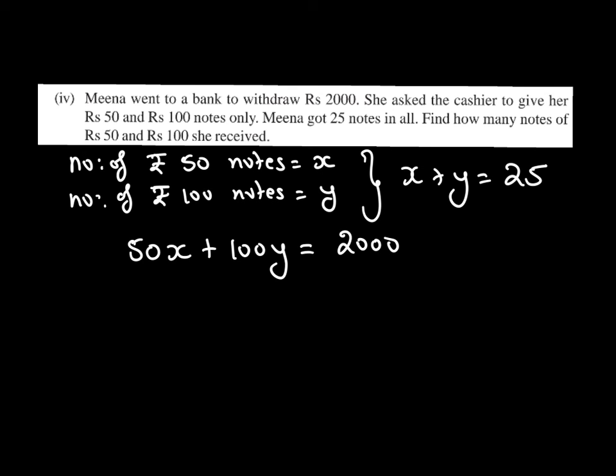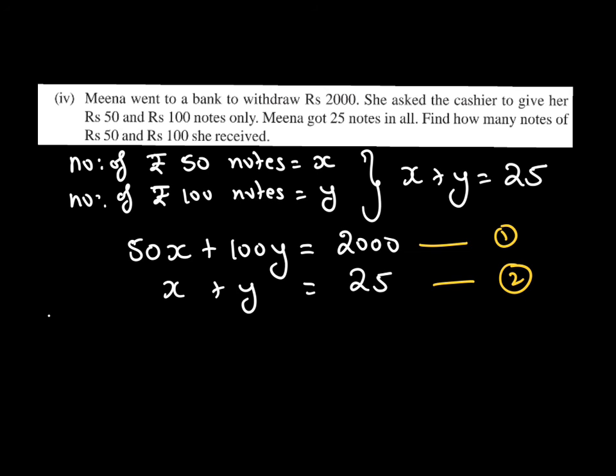And we know that the total number of notes she got, x plus y, is 25. So these are the two equations we have, equation 1 and equation 2, and we can solve them by the method of elimination. Good luck, go ahead, give it a try, and I'm sure you will be able to solve it and get the right answer.